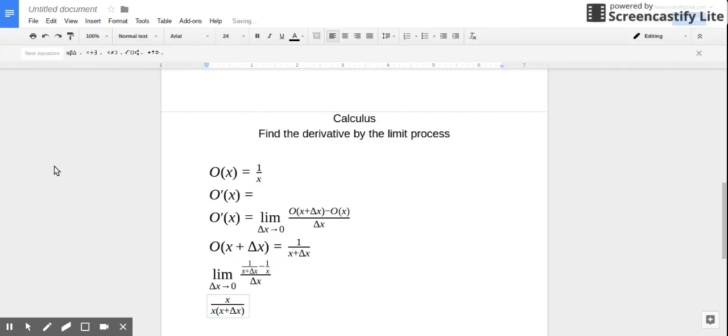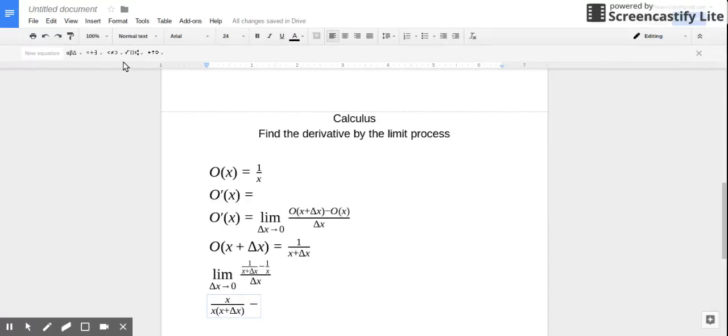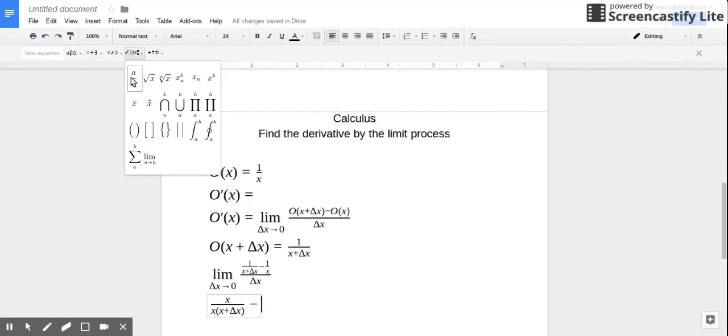Dealing with intermediate algebra. All right, 1 over. Now, what do I not have in the denominator down here? Well, I need this whole thing. I need this x plus delta x down here in the denominator. And if I put it in the denominator down here, I've got to put it up here in the numerator also.